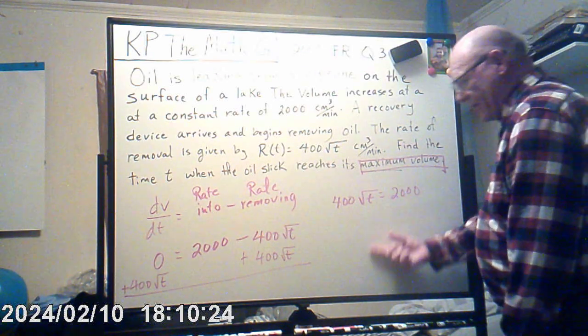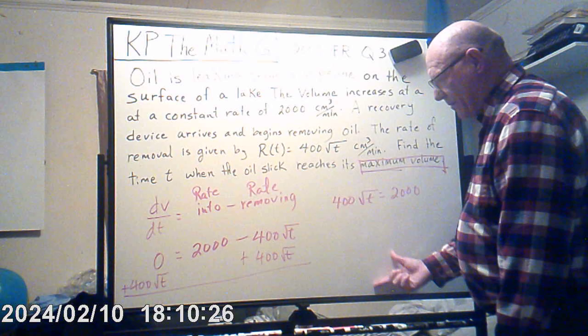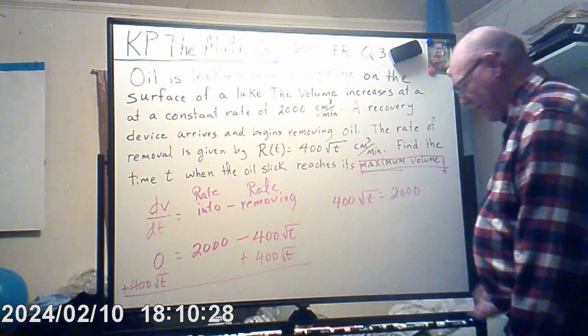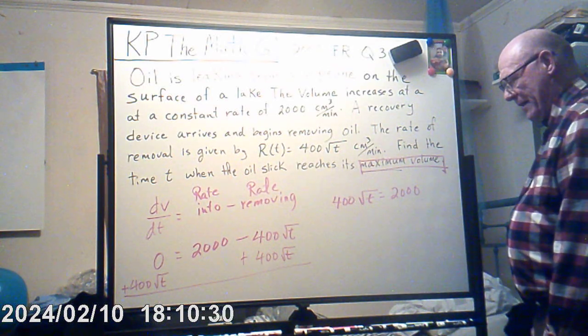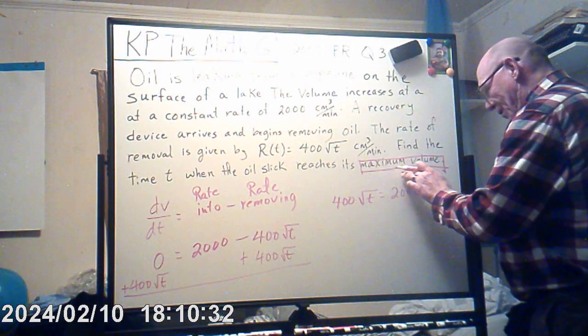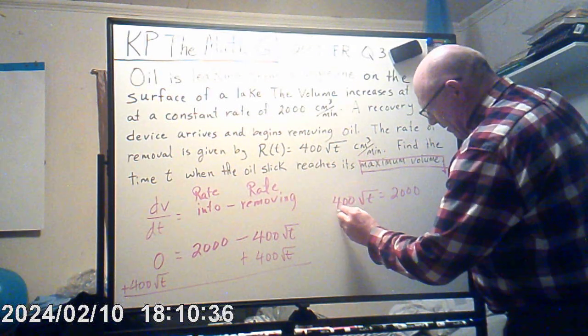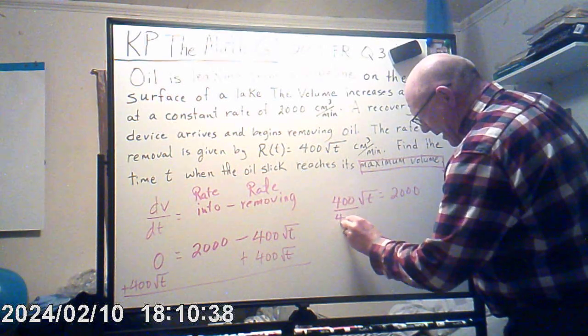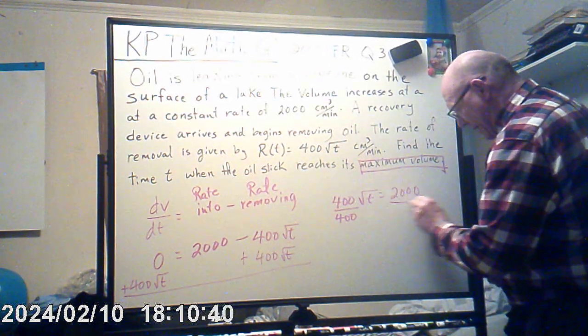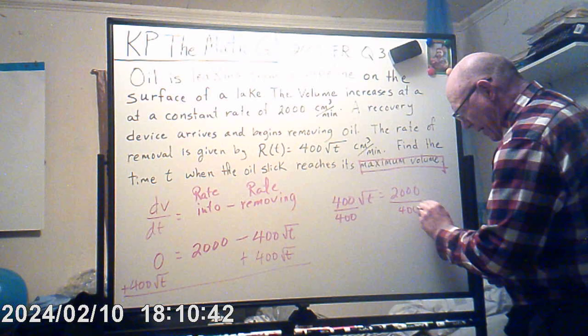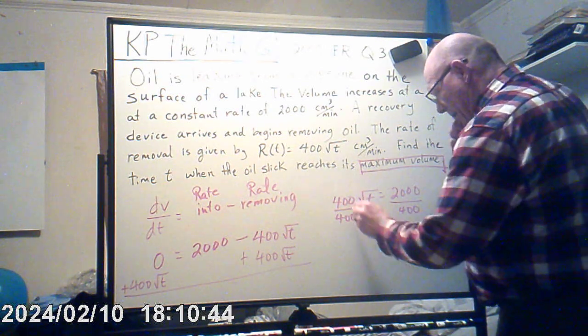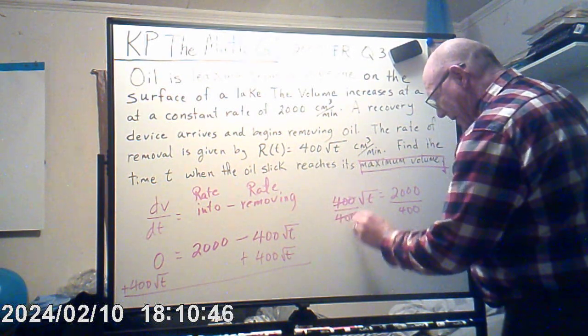We might be able to solve it on this side of the board. I may have to flip it over, but I'm not sure. Here we are, looking for a maximum amount. We're going to divide both sides by 400, and notice that this divides out.